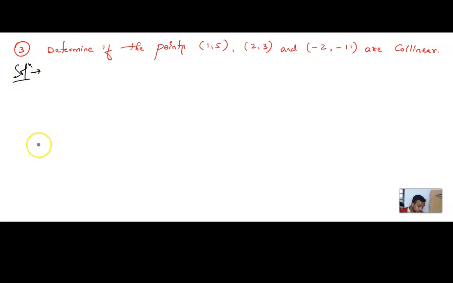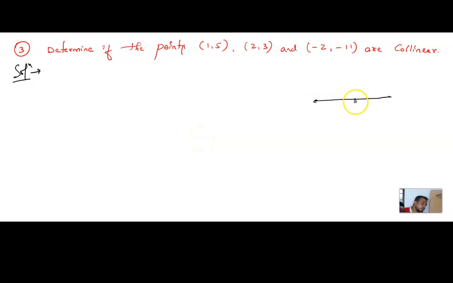Determine if the points (1, 5), (2, 3) and (-2, -11) are collinear. Children, make sure that the problem is asking whether these given 3 points are collinear. What do you mean by collinear? Whether all the 3 points are lying in the same straight line or not.